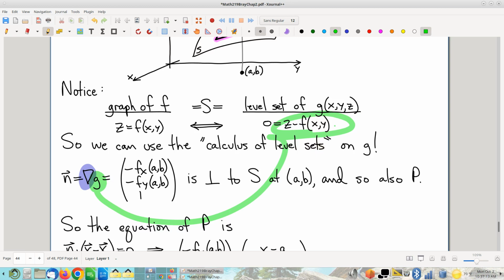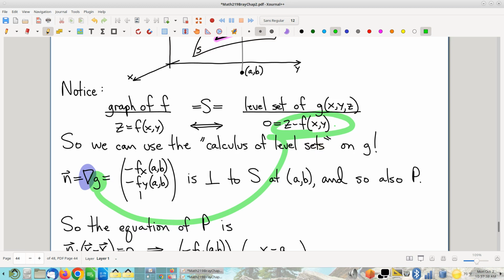By the way, notice this is a function of 3 variables. Again, we're no longer looking at f. f was a function of 2 variables. The function whose level set we're interested in, the function whose gradient we need to compute, is a function of 3 variables, x, y, and z. And note in the formula for this function, x, y, and z partials you can just write down.